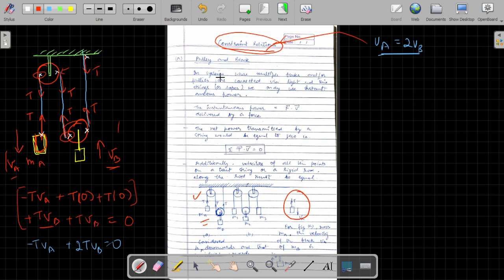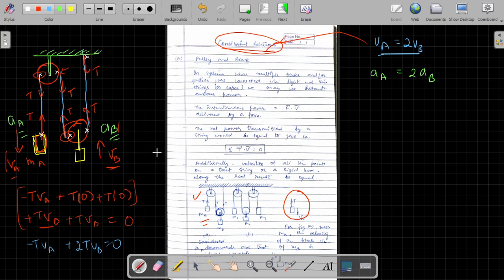After doing this whole calculation, what we do is differentiate this equation with respect to time, and we get acceleration of A is equal to 2 times acceleration of B. So this is how the accelerations of blocks A and B are related. The relation between these two accelerations is found.